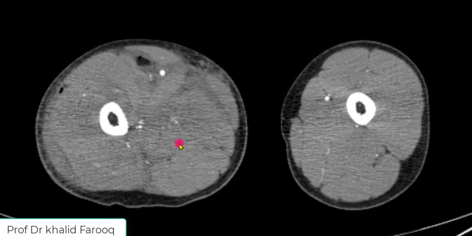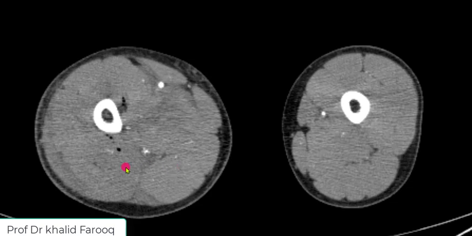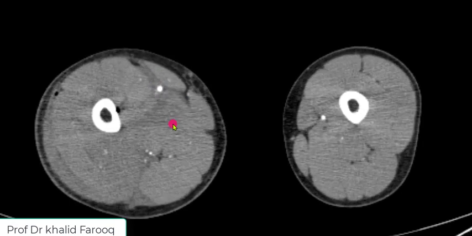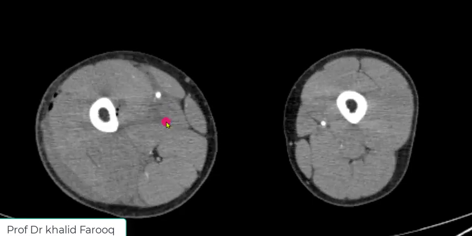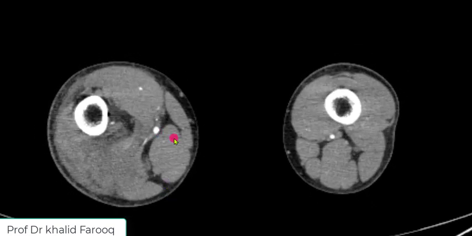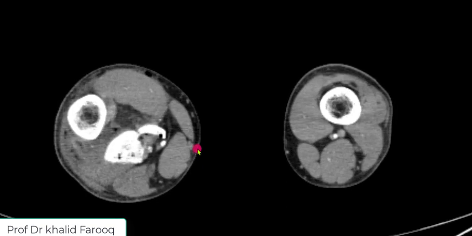Here we see air pockets are also appreciated. Multiple emphysematous foci. This is adductor canal, and we can see SFA. Here we can see this is fractured site of the lower end of the femur.